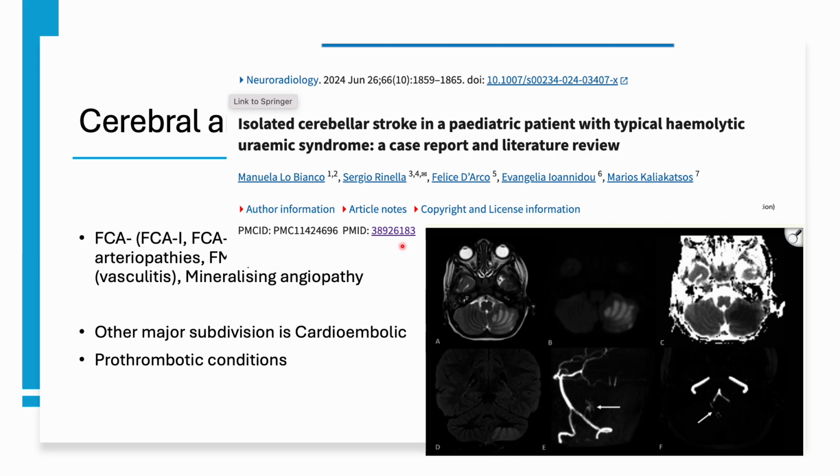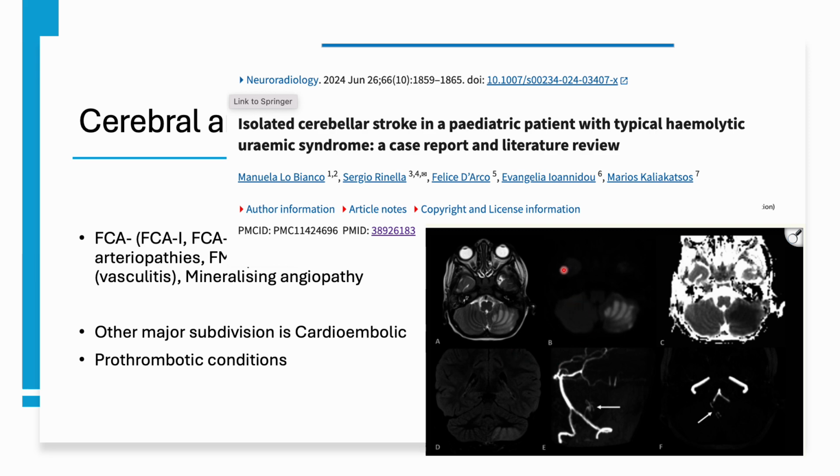This is actually a child who had a posterior circulation stroke in the context of hemolytic uremic syndrome. So HUS is obviously characterized by microangiopathic hemolytic anemia, thrombocytopenia, and acute kidney injury. And in this case, there was a left PICA acute ischemic stroke.